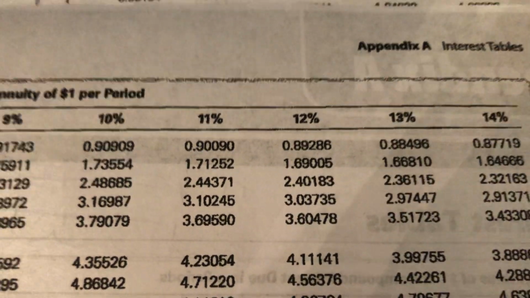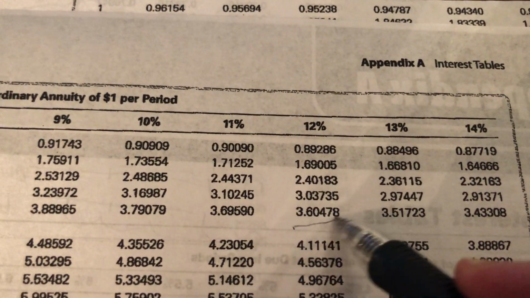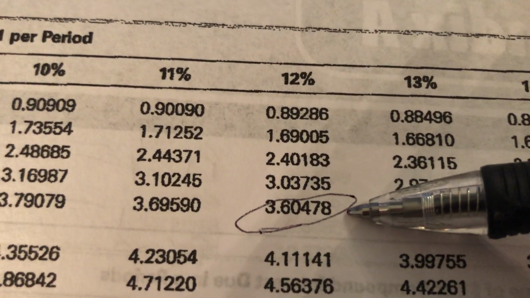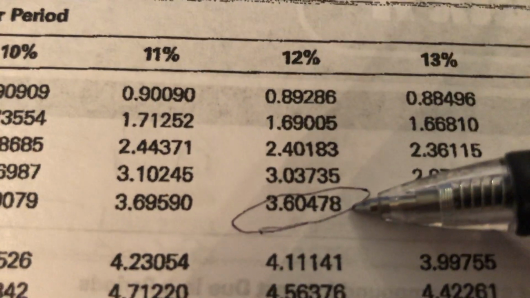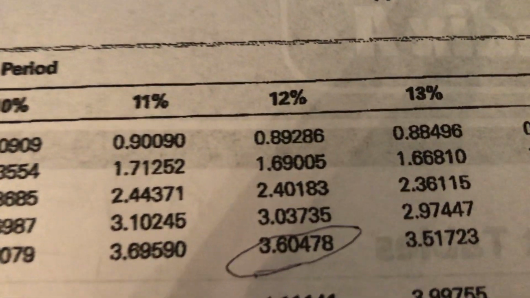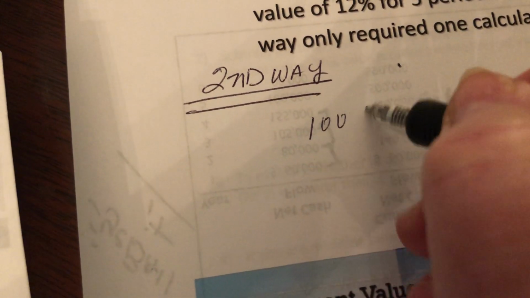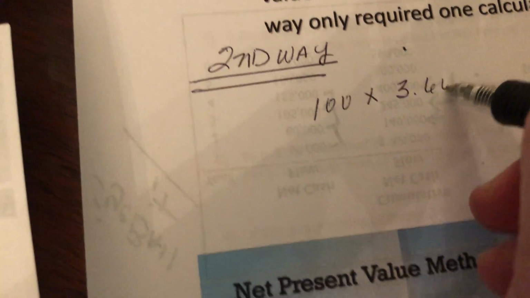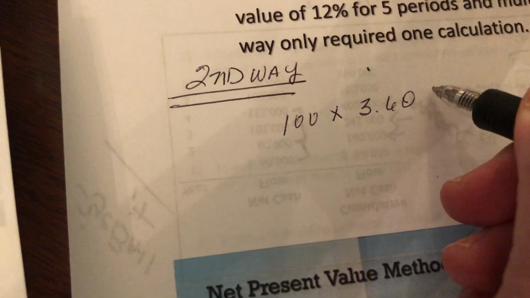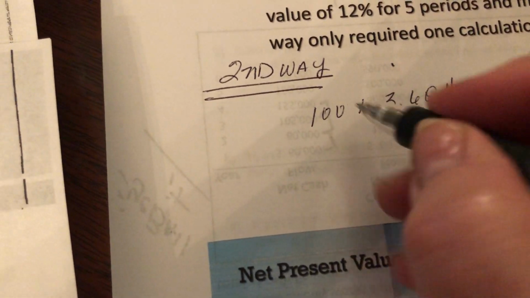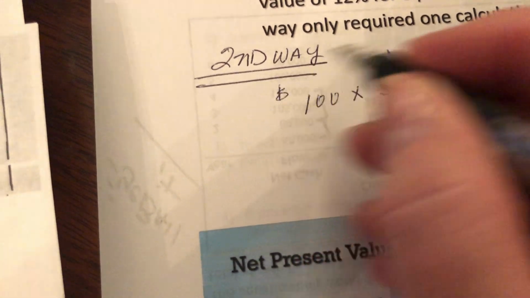So you only need one calculation here rather than doing 5. Notice how this is a much bigger number. You can multiply that $100 times 3.60. Okay. So this one only requires one multiplication.